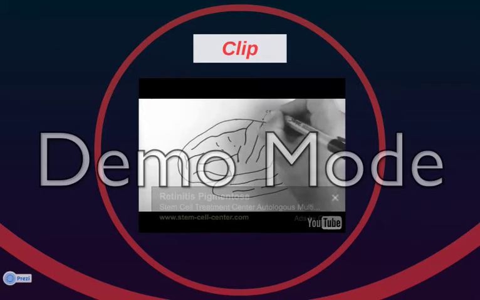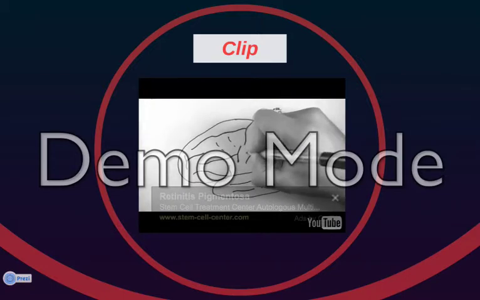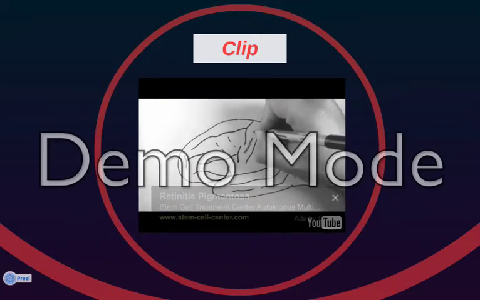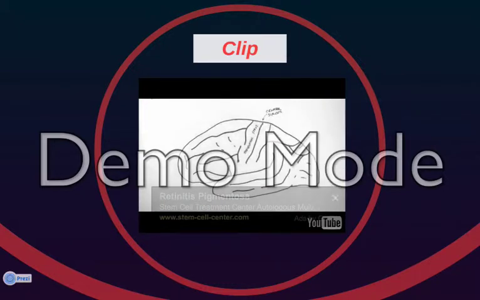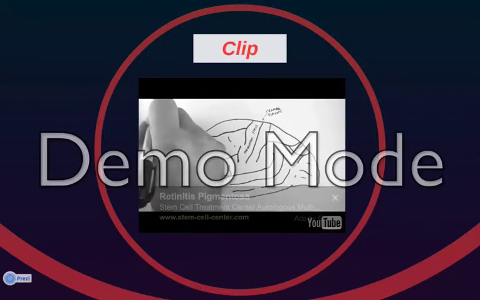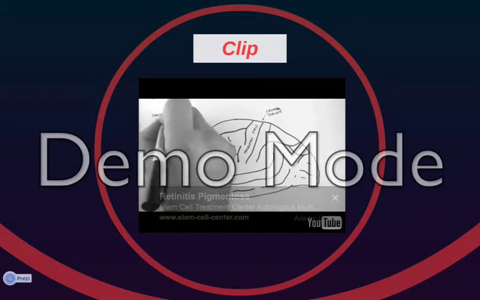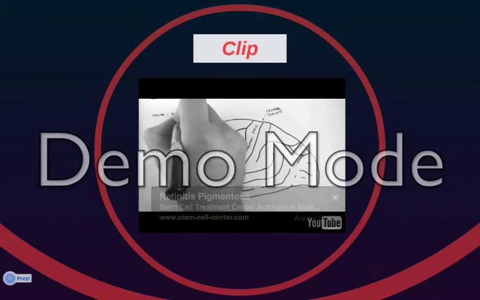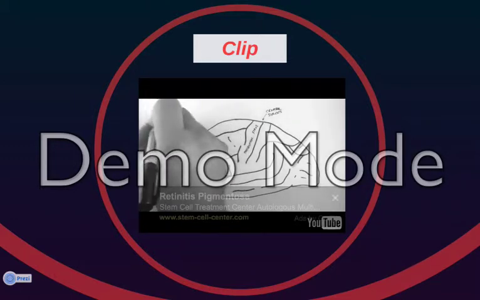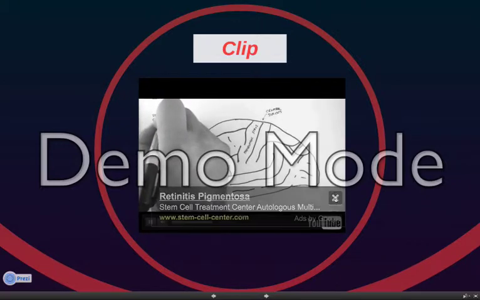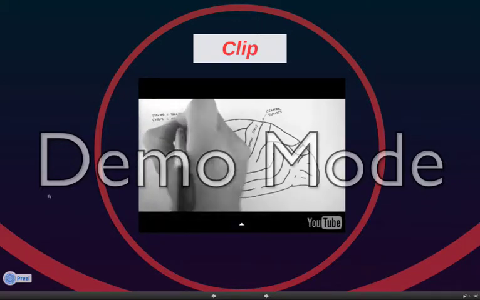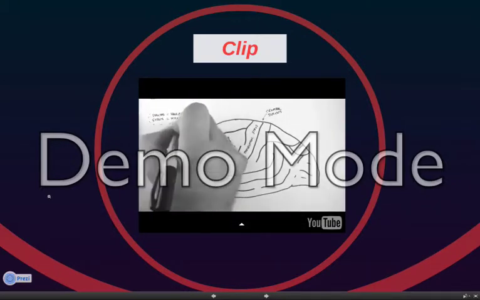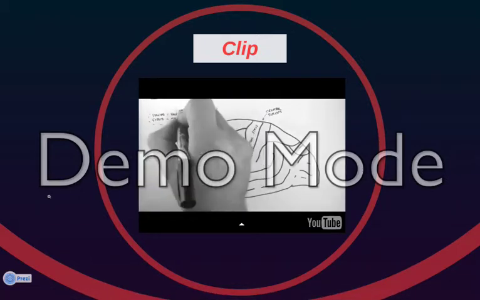So here we have the central sulcus. And this is a very important sulcus in the brain. In front of it we have the precentral gyrus. At this point I should say that the sulcus or the sulci are the valleys, the raised parts or the hills we call the gyri or gyrus singular.